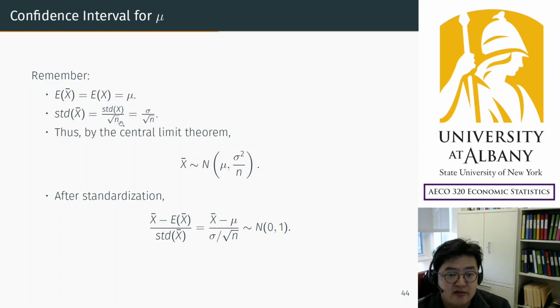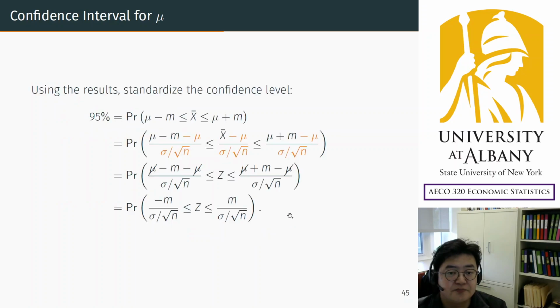By the central limit theorem, x bar is approximately normally distributed with mean mu and variance sigma squared over n. That means you standardize x bar as (x bar minus mu) over (sigma over square root n). Using these two parameters, it is approximately standard normal.